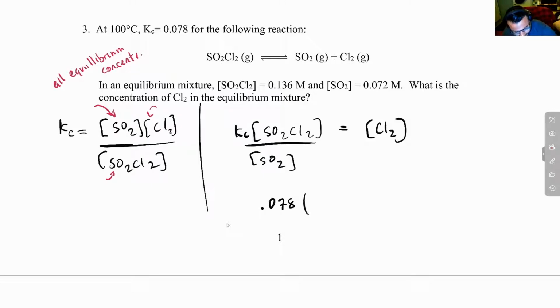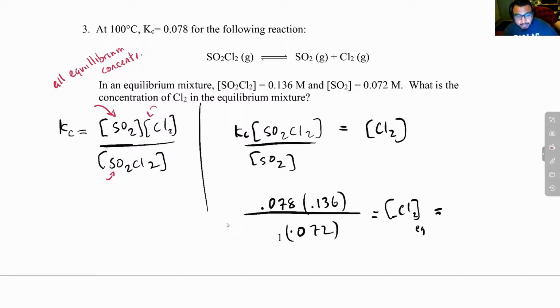0.078 multiplied by SO2Cl2's equilibrium concentration of 0.136 divided by 0.072. That will give us our Cl2 equilibrium concentration. We just got to plug that in. 0.078, 0.136, all over 0.072.